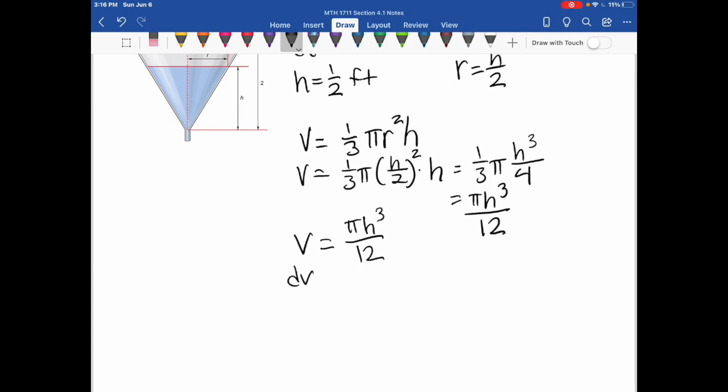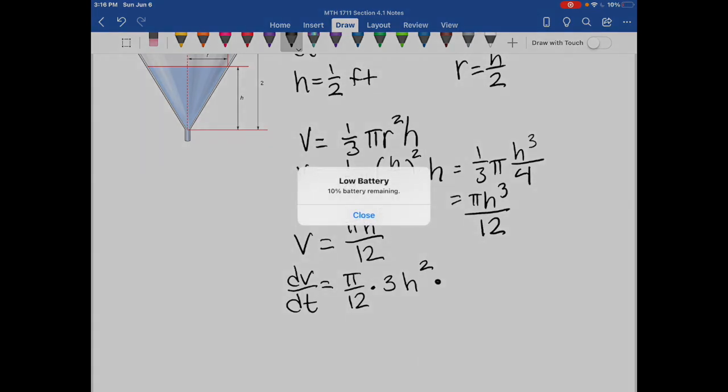Now let's take the derivative. So when I take the derivative of V, I get dV/dt. When I take the derivative of π over 12 times h to the third, I get π over 12 times 3h squared, because I bring the 3 down in front, and then I decrease my exponent of h by 1.